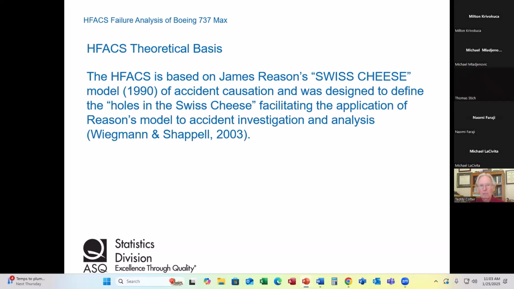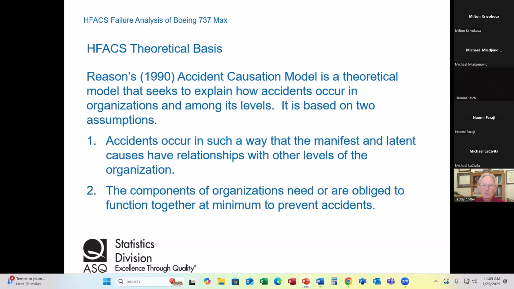This comes out of Wiegmann and Shappell's 2003 article. Reason's 1990 accident causation model is a theoretical model that seeks to explain how accidents occur in organizations and among its levels. Now, this is perhaps going to be absolutely key for later discussion of Industry 4.0 technologies. It is based on two assumptions.